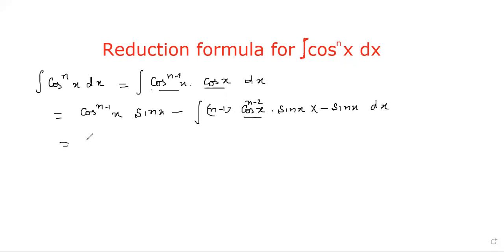So this will become cos power n minus 1 x sin x, and here there is a minus sign, this is also a minus sign, this will become plus, and we can write n minus 1 outside.